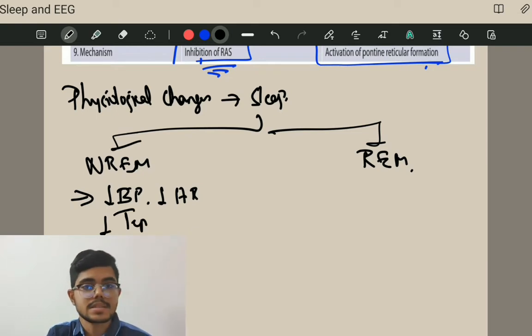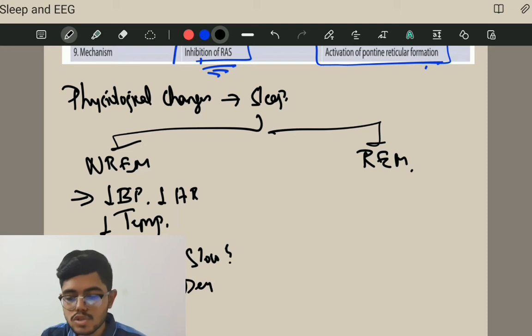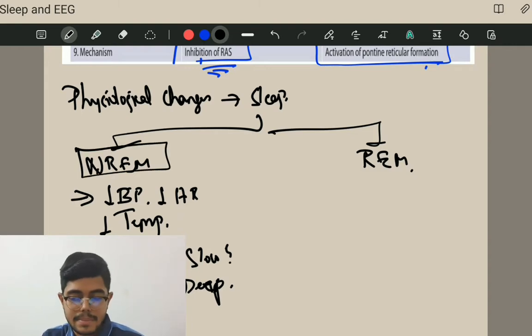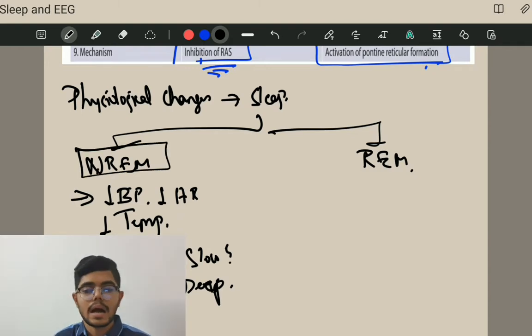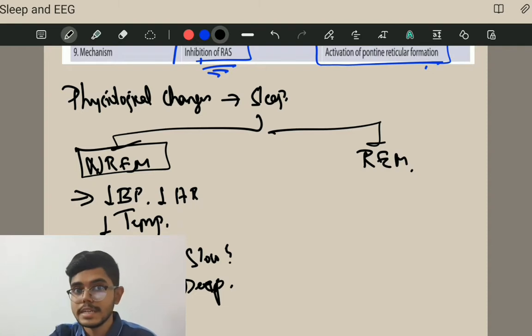Very important, decrease in temperature. And the respiration rate will be slow and also deep, which we can see in the NREM sleep.